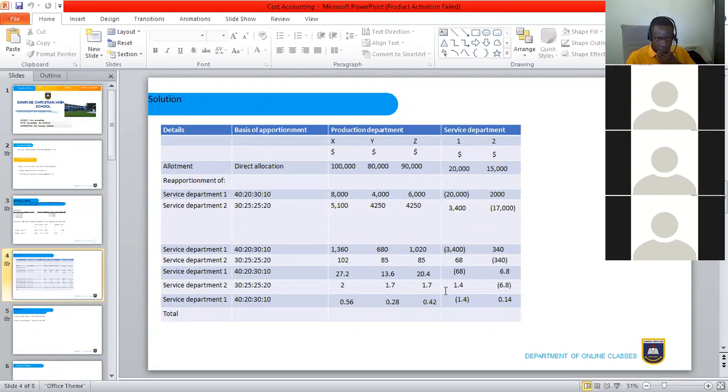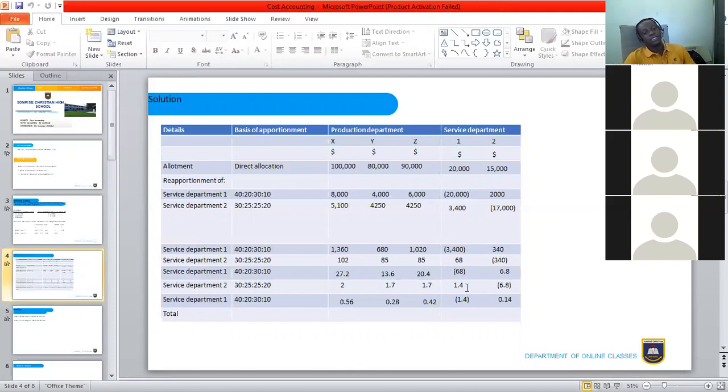Now we need to check again whether there is any significant figure under any of the service departments. Yeah, I think there is one. That is for service department 1, we had 1.4. And one is significant.